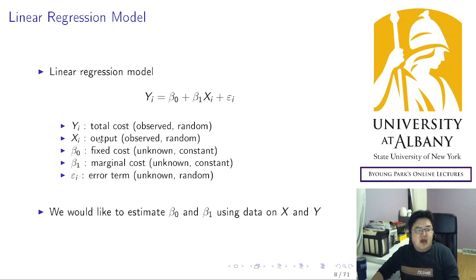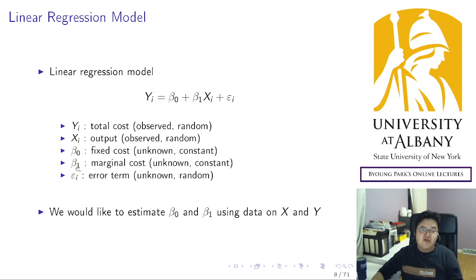The left hand side is the cost, and the right hand side includes first the output, which is x, and of course this is by month, and beta 0 is the fixed cost. So cost starts from beta 0 even if you do not produce anything. Even if x equals 0, the cost is beta 0.